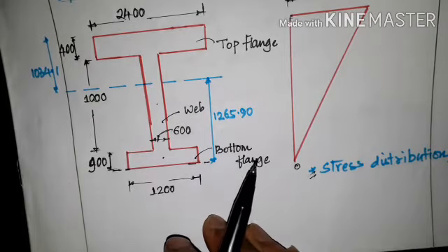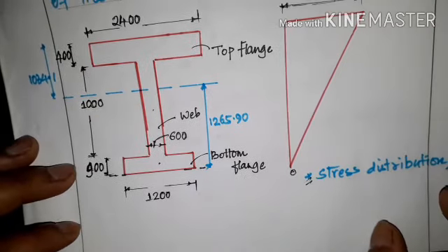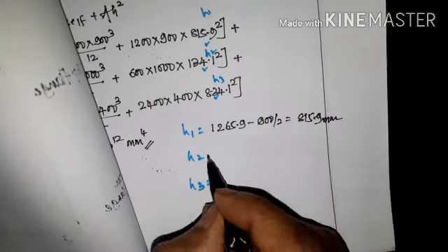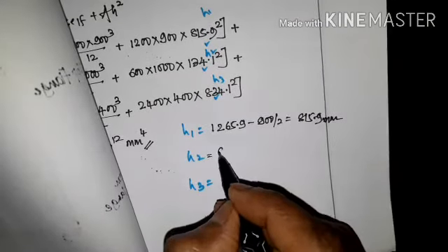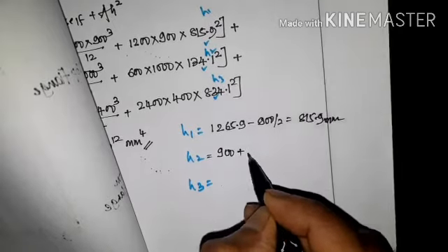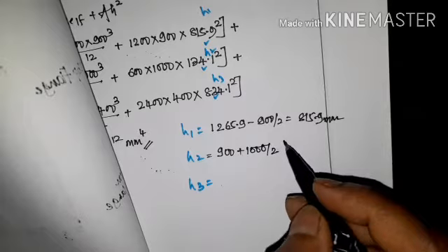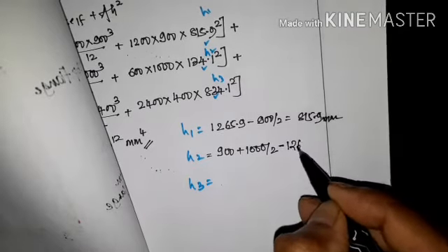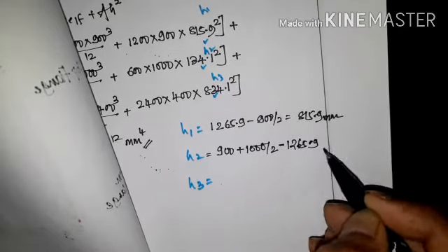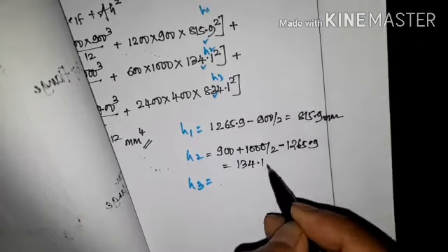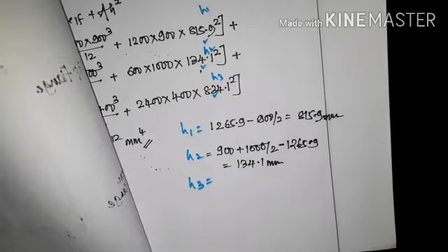So h2 is equal to the bottom flange 900 plus 1000 divided by 2, minus 1265.9. So we will get h2 as 134.1 mm.